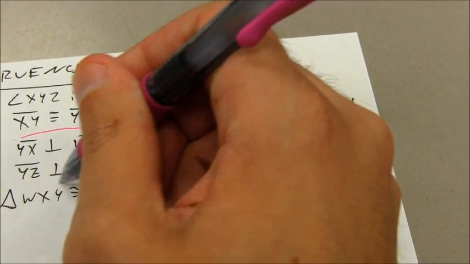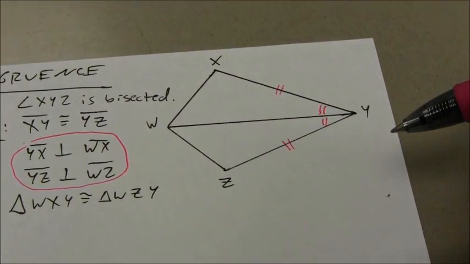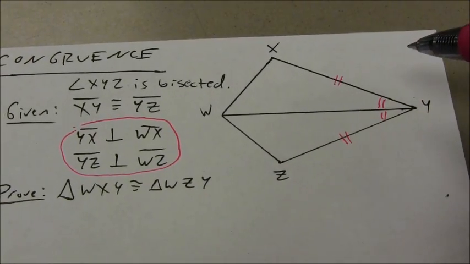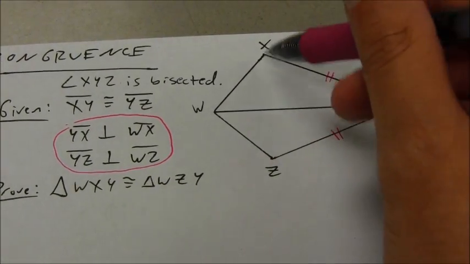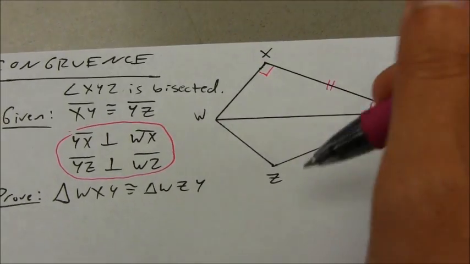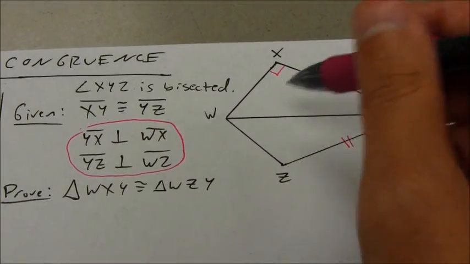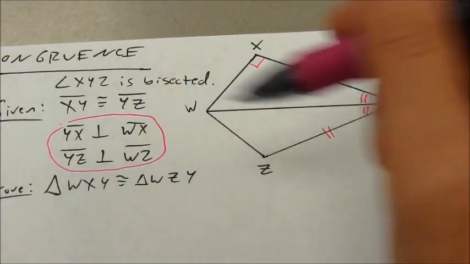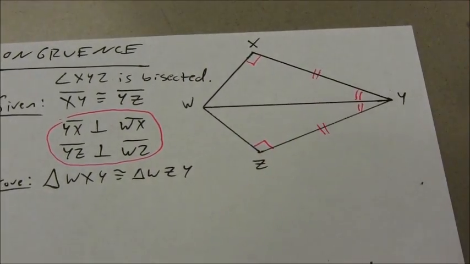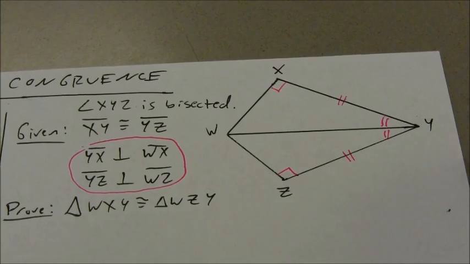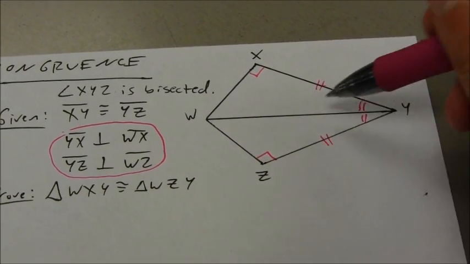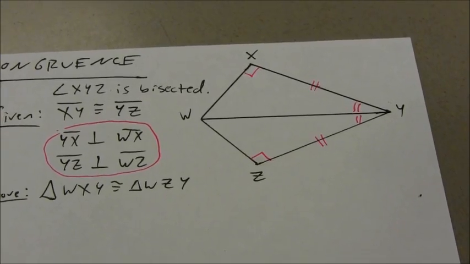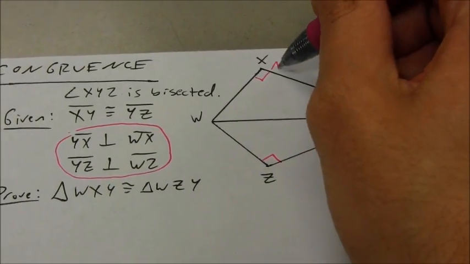This problem has additional given information, however. So another possibility that I could use to prove these triangles congruent would be the perpendicular lines. YX and WX are perpendicular, forming a right angle. YZ and WZ are perpendicular, giving me another right angle. And so in addition to having a side, angle, side relationship, had I decided to use that route, under the current labeling, I have an angle.